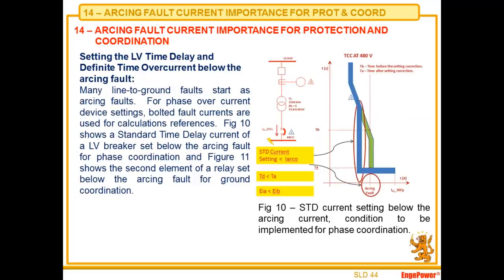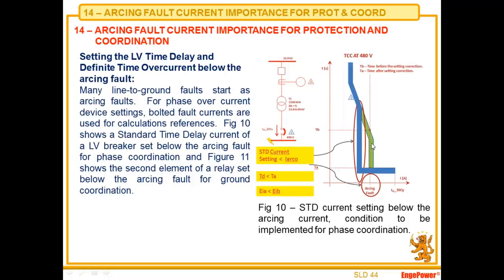Arcing fault current importance for protection and coordination: when we are setting low voltage time delay and definite time overcurrent below the arcing fault. For a bolted fault, the device trips here. What we do here, for an arcing fault, it would trip very, very high.